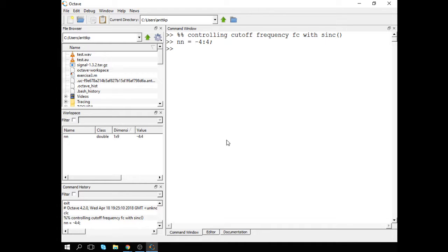Next, we need cutoff frequency and sample rate. I will start with the sample rate of 2000 Hertz and cutoff frequency of 500 Hertz.